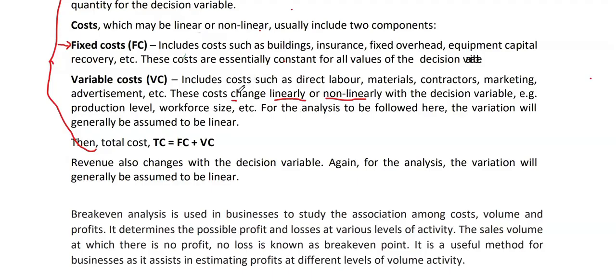Common examples of variable costs include raw material. In order to increase your level of production, you're going to have to increase your raw materials, isn't it? So your raw material costs will vary directly with the level of production that you undertake.